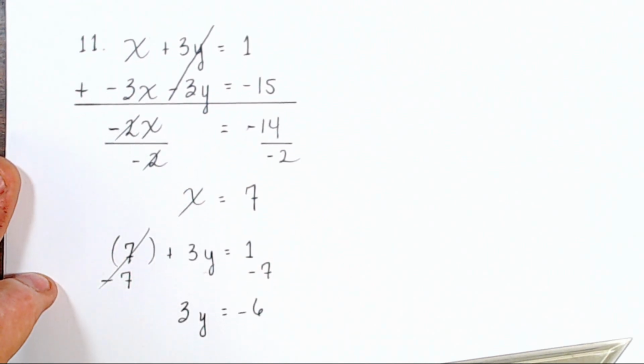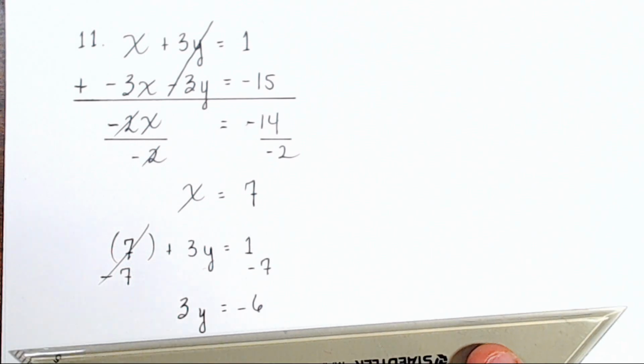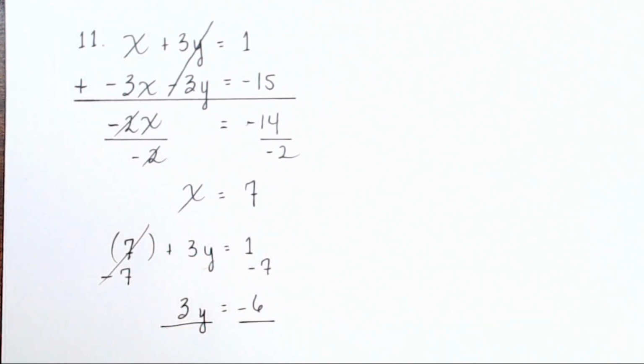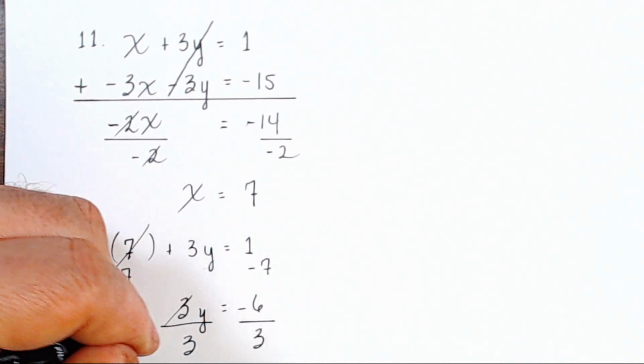Now what? Divide both sides by 3. These cancel.